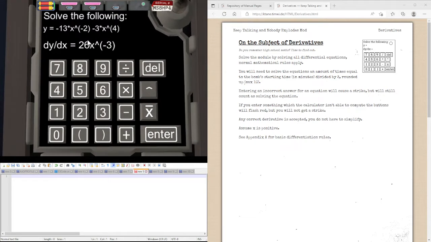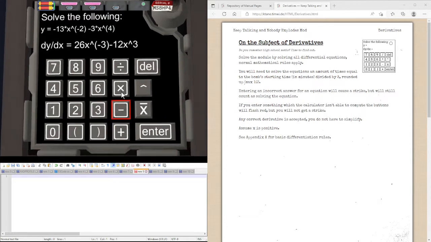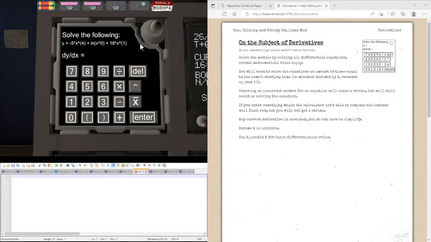If I can type properly. And then we're going to be subtracting 3 times 4 is 12. Then reducing the power, we'll get x to the 3rd. We press enter, and we complete our first question.